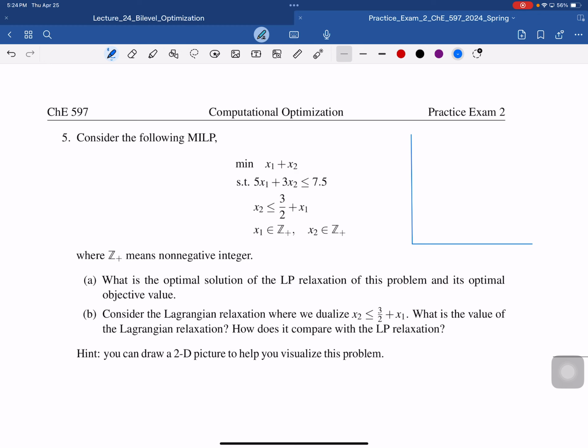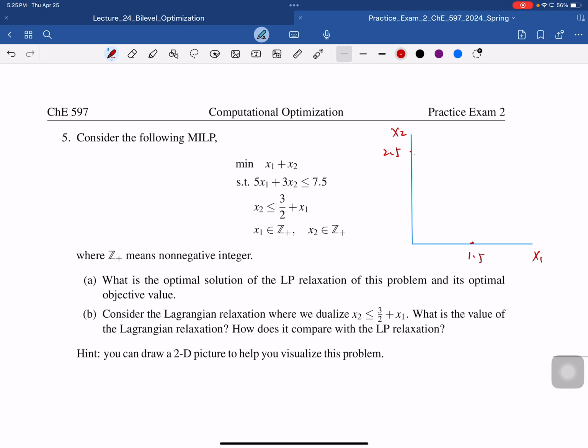When x1 is equal to 0, then x2 is equal to 2.5, and when x2 is equal to 0, this should be 1.5.